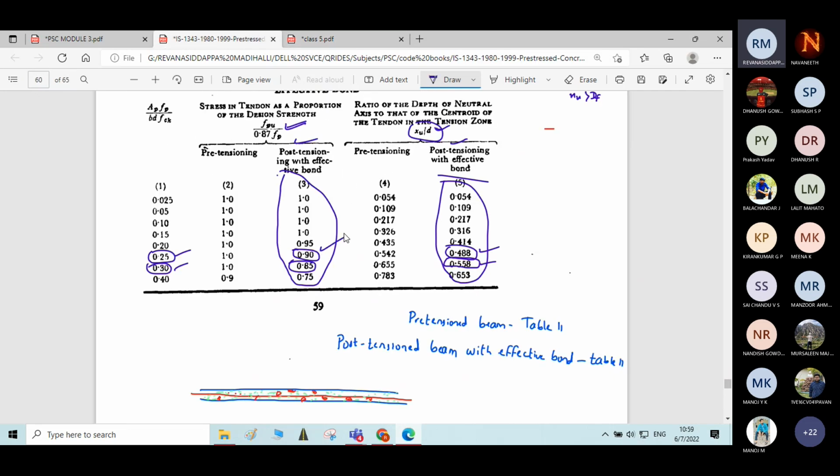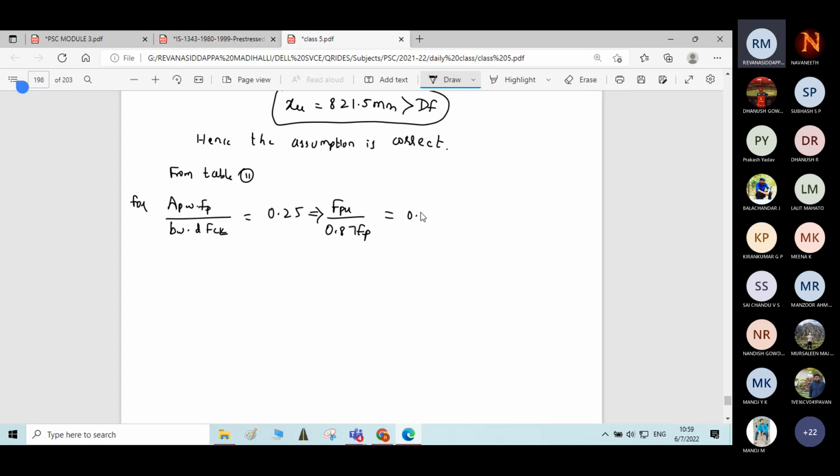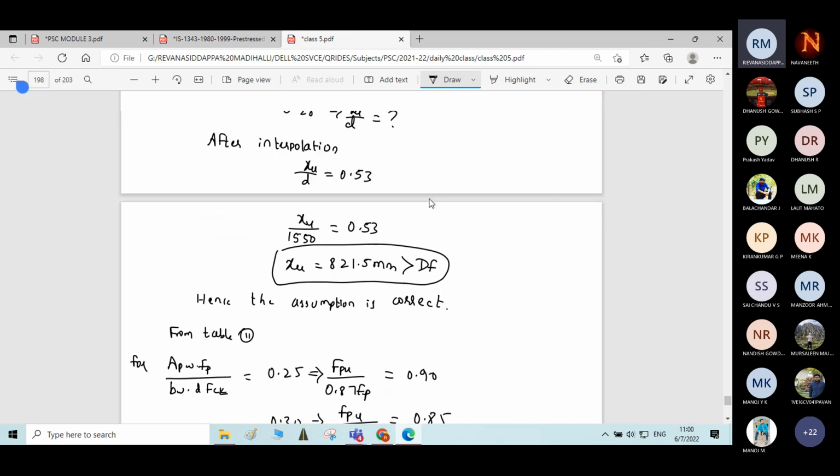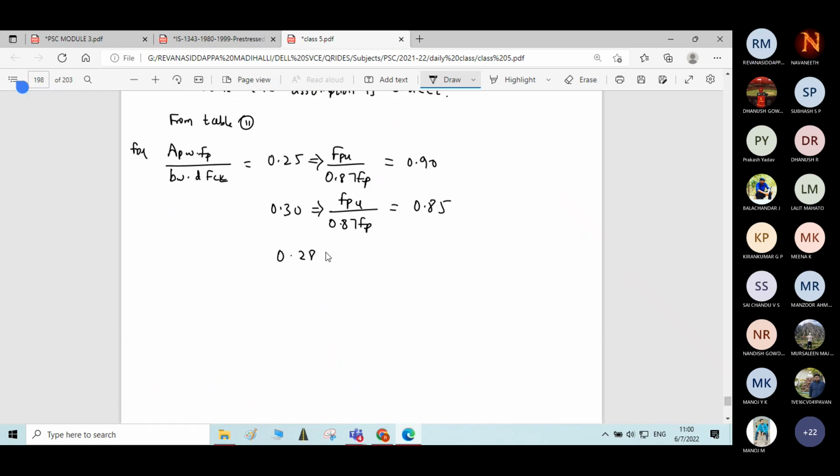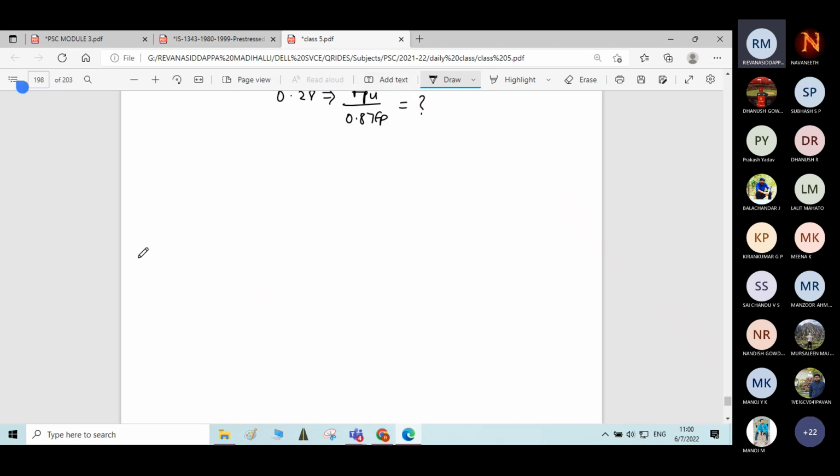We have 0.90. When it is 0.30, corresponding FPU divided by 0.87 FP is 0.85. But we want the value for 0.28, which is question mark.